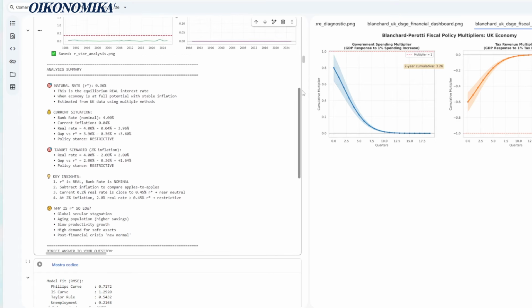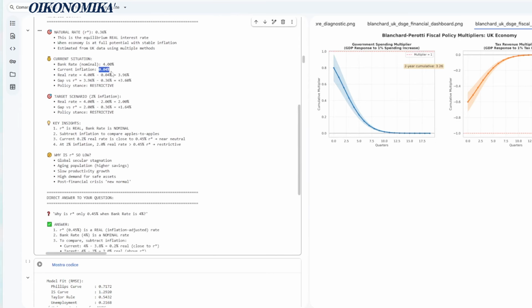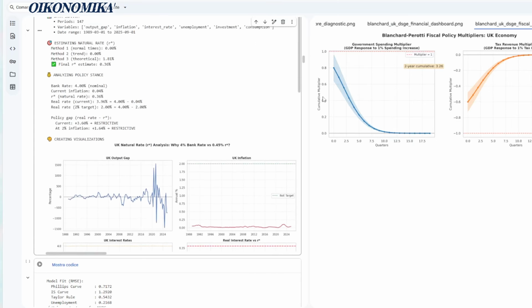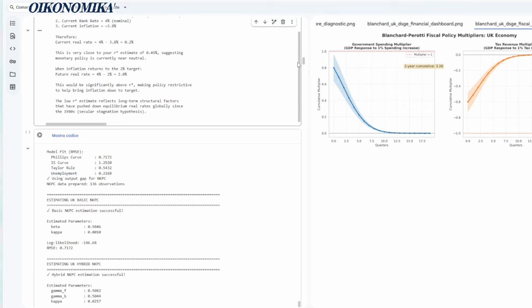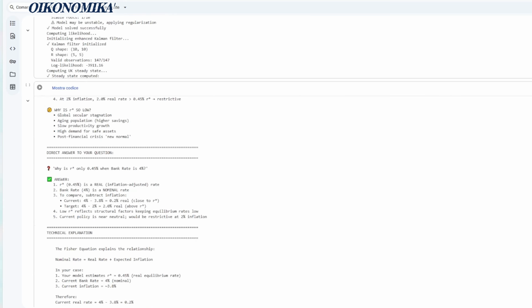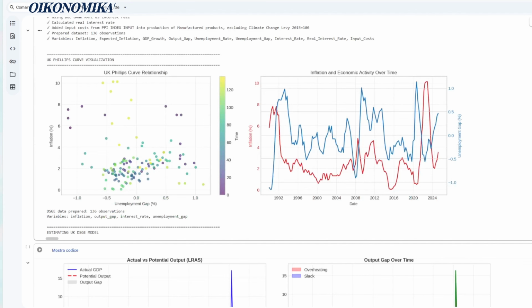Current rate of inflation is measured differently, because inflation now is 3.8. So effectively, the real rate is very close to the neutral level of interest rate. So the Bank of England is actually moving into an easing mode. And so we can move on with a similar method.